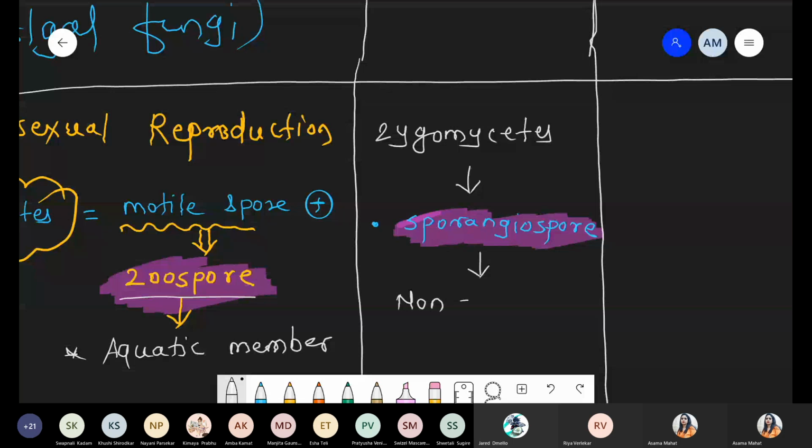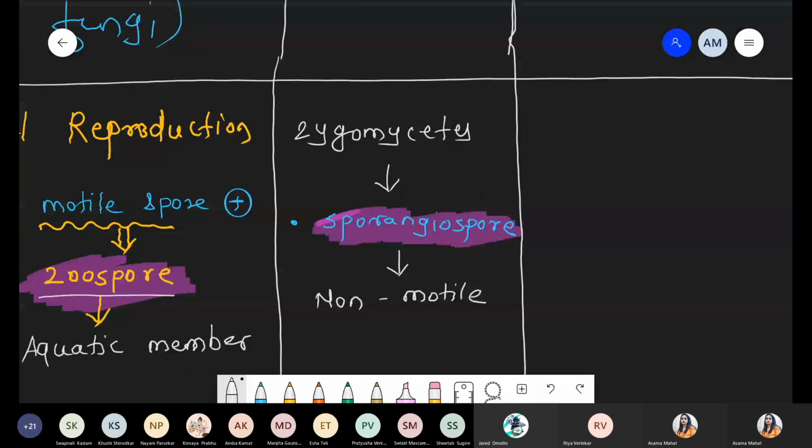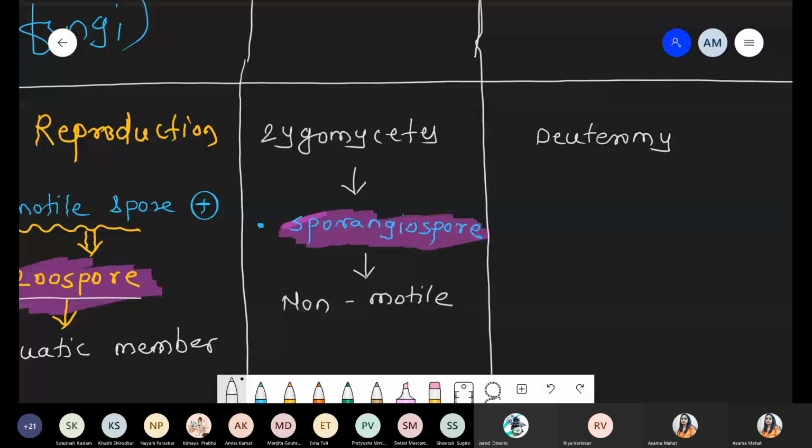Okay. Now under the deuteromycetes, the third class, there is a presence of spores, but again these are non-motile, named conidia. तो क्वेश्चन यहां से बनेगा. What is the name of these spores? That is conidia. And whenever you are using the word conidia, same scenario, conidia are also non-motile.